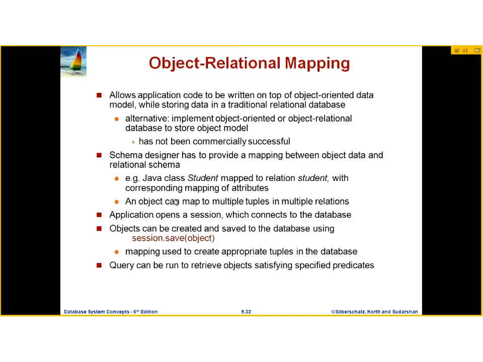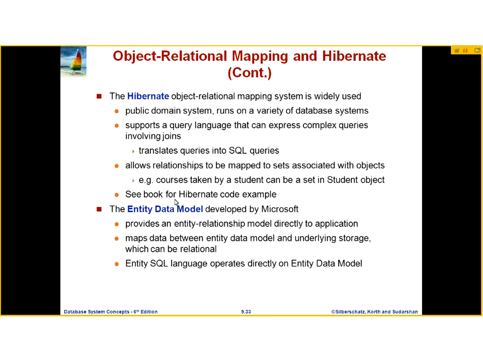You can connect to the database in any way. The Hibernate object-relational mapping system is widely used; it is a public domain system which runs on a variety of database systems, supports a query language that can express complex queries involving joins, and translates the queries into SQL queries.